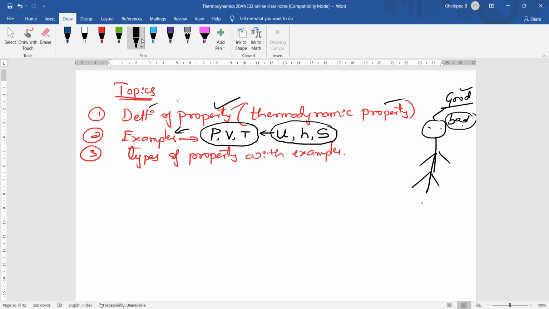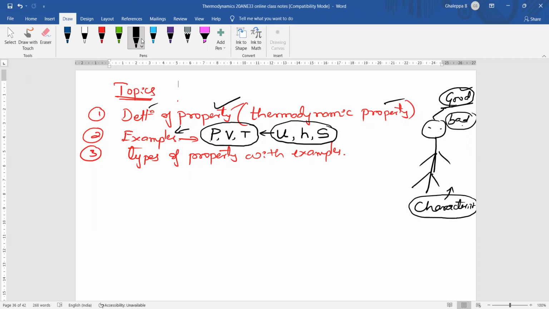So based on characteristics, some parameters, visible or invisible, we are judging whether this person is a good gentleman or not.